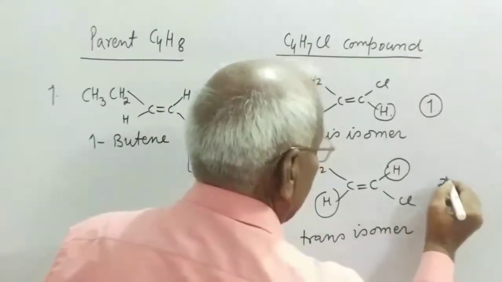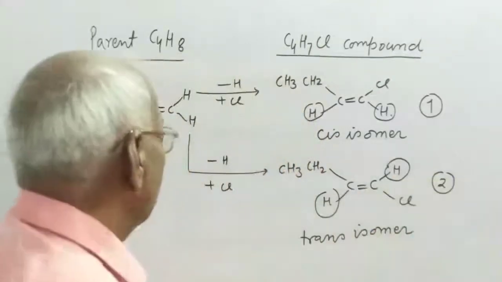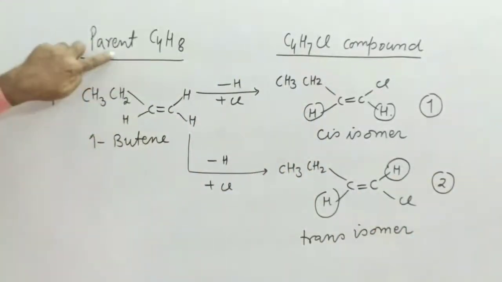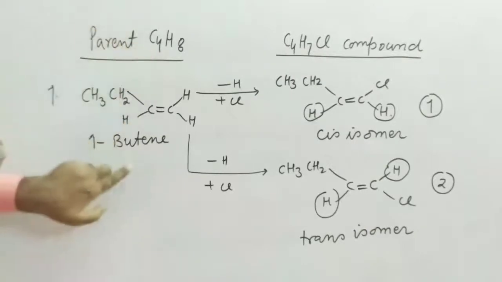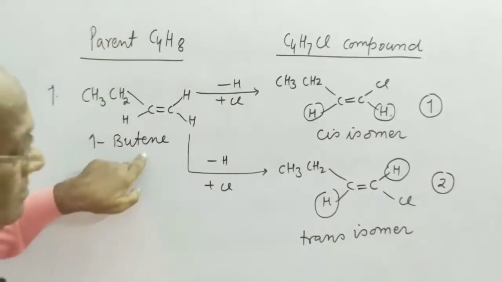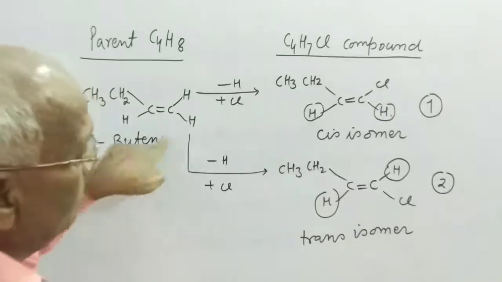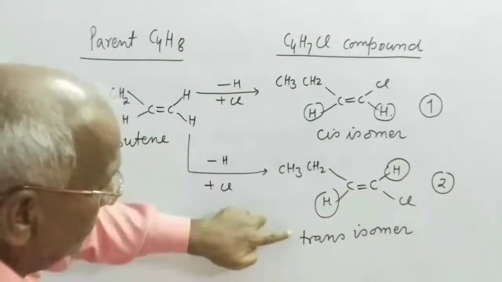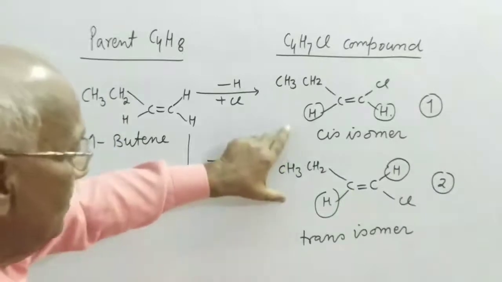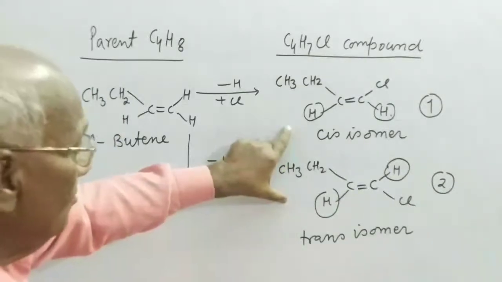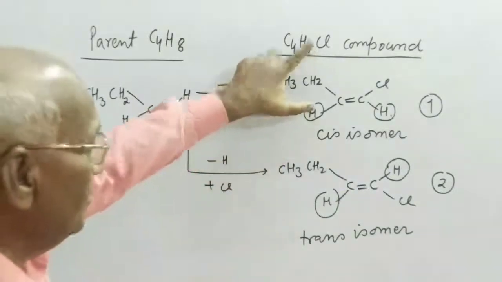Label it isomer number 2. So this is one form of the parent butene. With the help of this structure, we have shown 2 isomers, one cis and another trans. Each of them has molecular formula C4H7Cl.